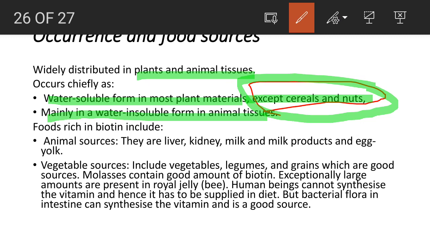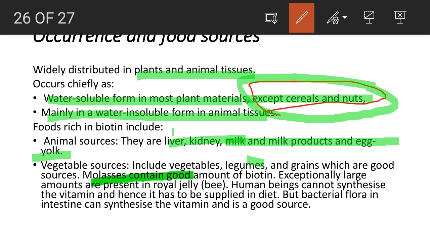Foods rich in biotin include, among animal sources, liver, kidney, milk and milk products, and egg yolk. As we have seen, liver and kidney are the richest among animal sources for certain vitamins, specifically vitamin B complex. Vegetable sources include vegetables, legumes and grains, which are good sources.